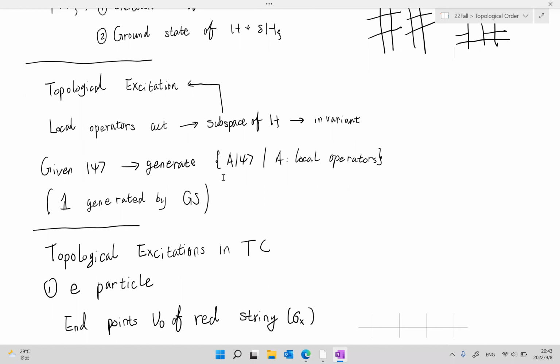So it should form a subspace. It's something that's not changing. You take A1 on psi plus A2 on psi, and you can extract A, and then it becomes A1 plus A2 acting on psi, and A1 plus A2 is still a local operator.